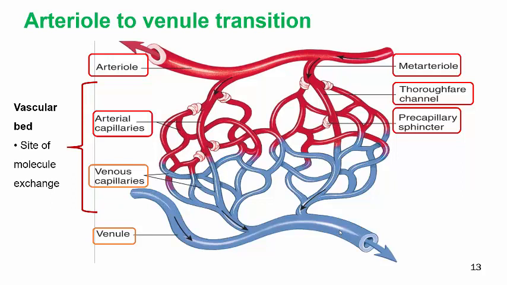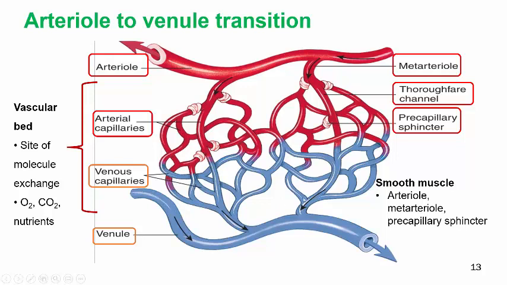This takes place in all tissues, and the molecules include oxygen, carbon dioxide, various nutrients that the tissues need to survive, as well as metabolic end products produced by the tissues that move into the cardiovascular system.